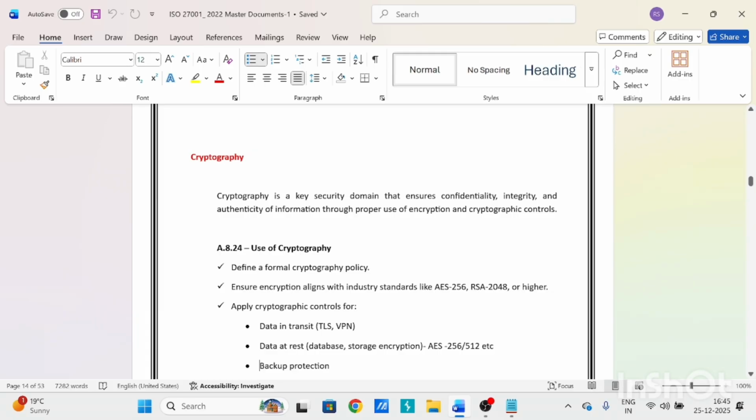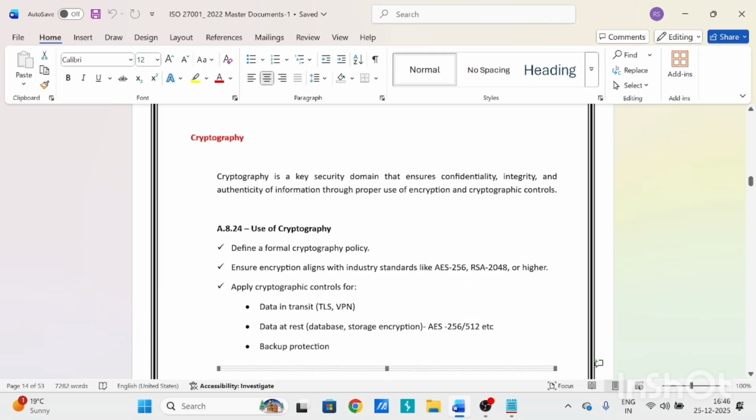Next is cryptography. Cryptography is a broader term for encryption, a key security domain which ensures the confidentiality, integrity, and availability of information through proper use of encryption and cryptographic controls. What is the use of crypto?